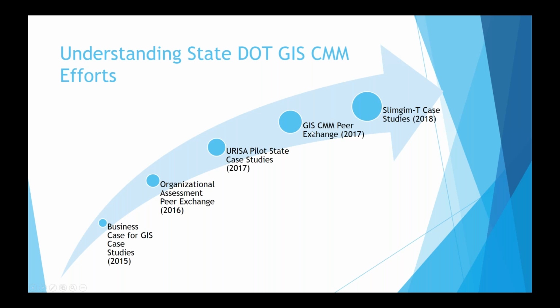So at the GIS CMM peer exchange in 2017, Iowa DOT suggested we look at the SlimJim model, and from that we decided to see if we can get some states to try out a version of that SlimJim model called SlimJim-T, where we customized the model so that it had some questions more relevant to a state DOT, and that was early in 2018.